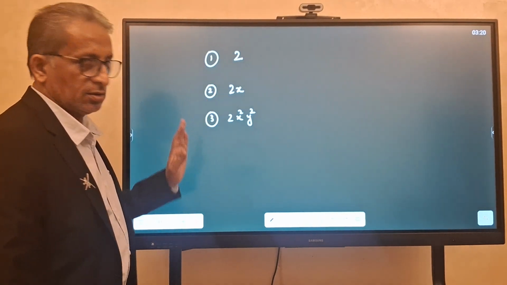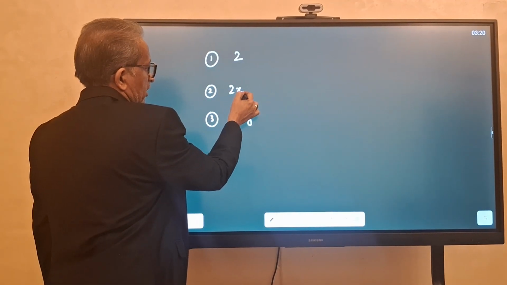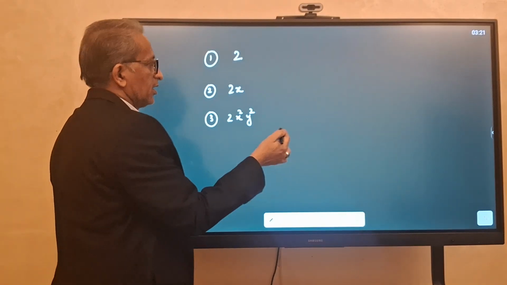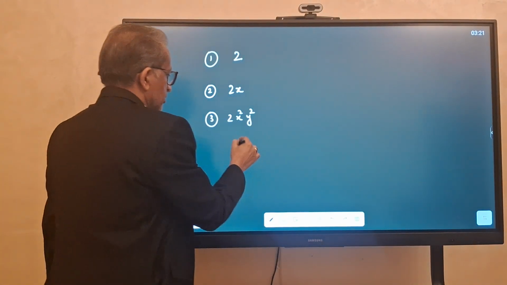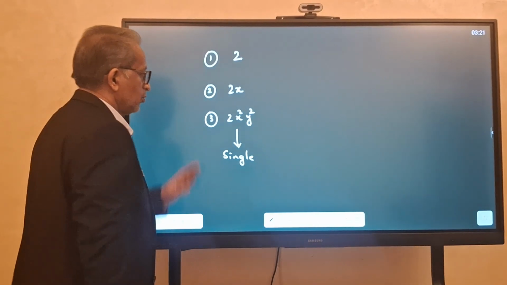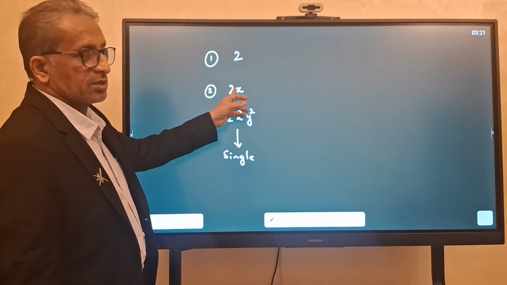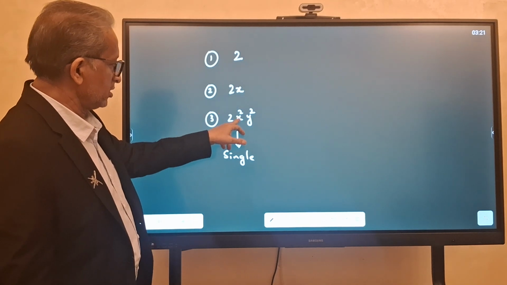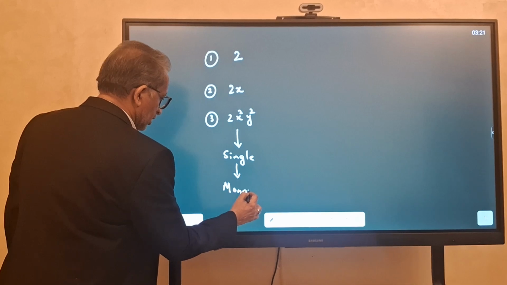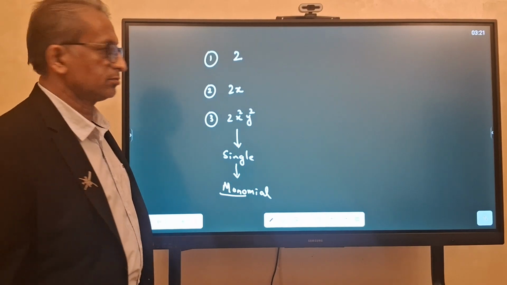So these are polynomials: a constant, or a constant multiplied by a variable, or by more than one variable. So how many terms here? Single term, that means one term, because you cannot say there are two terms. It is separated by multiplication, so this is one term. When you have one term, this is called a monomial. Mono means single term.